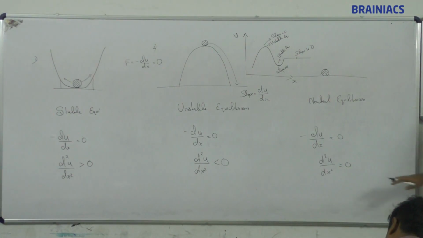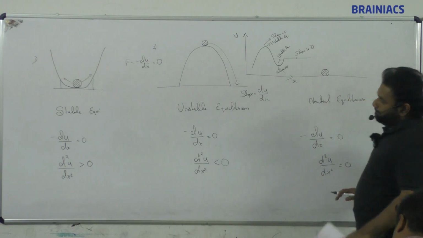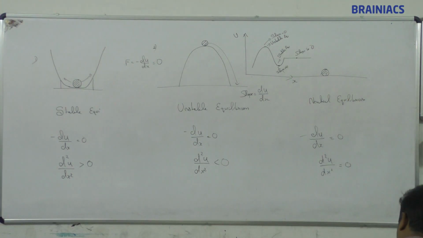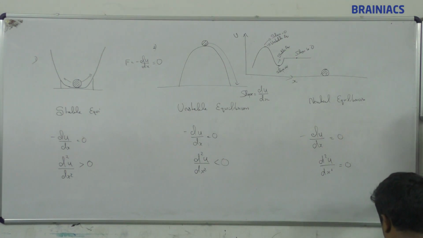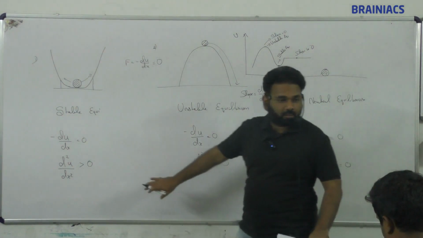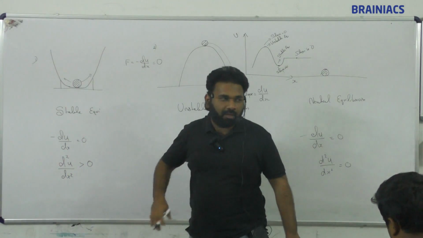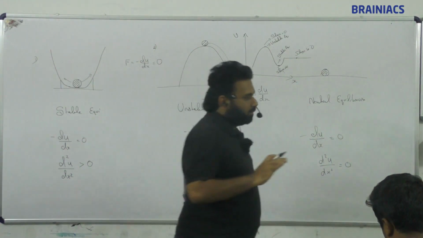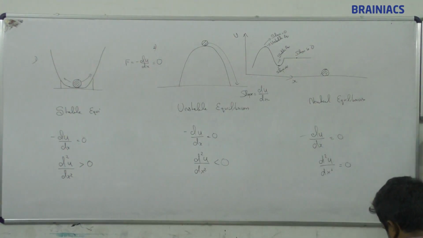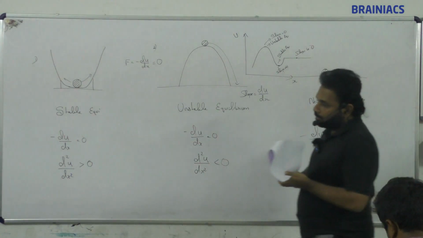Equal to 0 means neutral. So greater than 0 means positive, less than 0 is negative, and if equal to 0, then it is neutral equilibrium. That's it. Thanks for asking, otherwise this would have continued throughout. Clear?